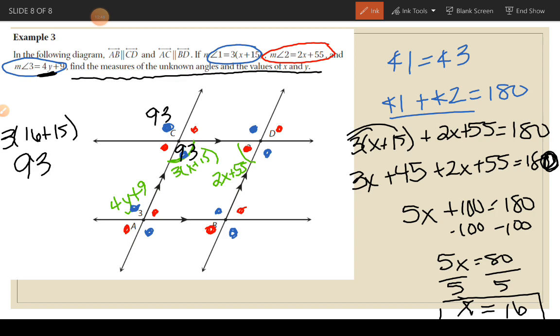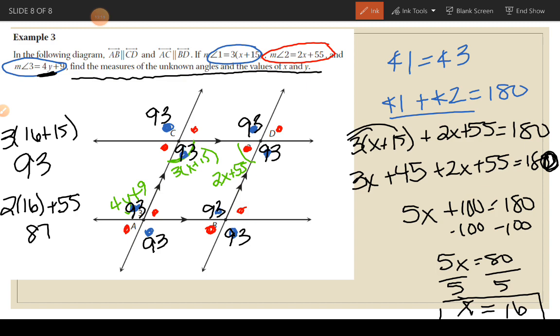So I'm actually going to just write them in where the blues are. 93, 93, 93, 93. Now for the reds, angle 2, I'm going to plug in 16 for that. So 2 times 16 is 32, plus 55 is 87. So again, 87, 87. All of my reds are 87.